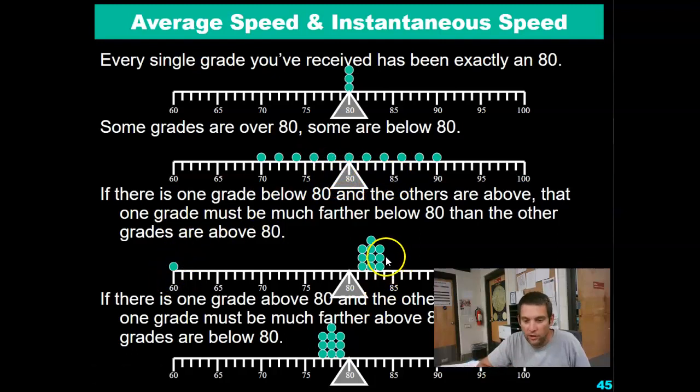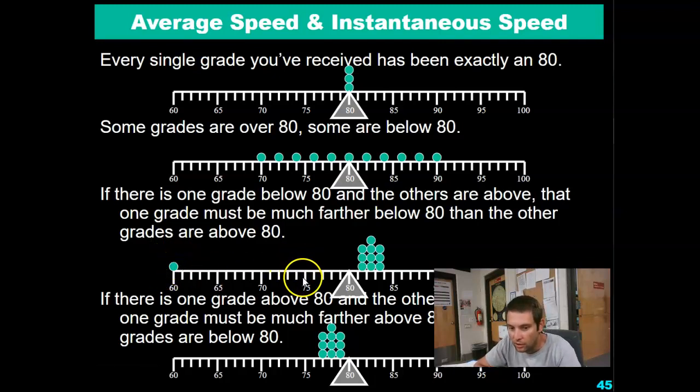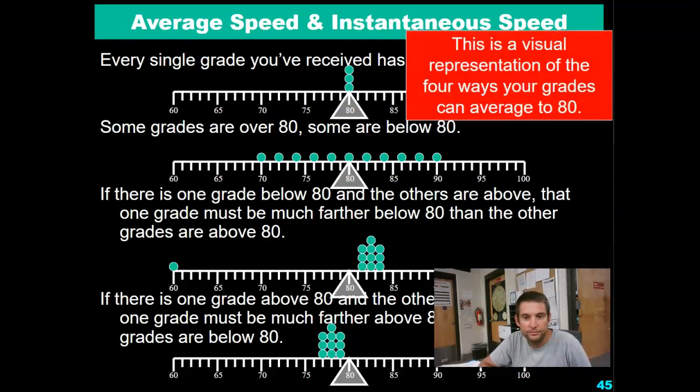If all of your grades are between 80 and 85, that means way down here, we've got to have a super low grade to kind of bring down that average. Because if we throw out that outlier, then obviously our average is going to wind up right about here. Same thing for the positive end of it. We have a little bit lower average, but it's being boosted up by one giant positive grade.